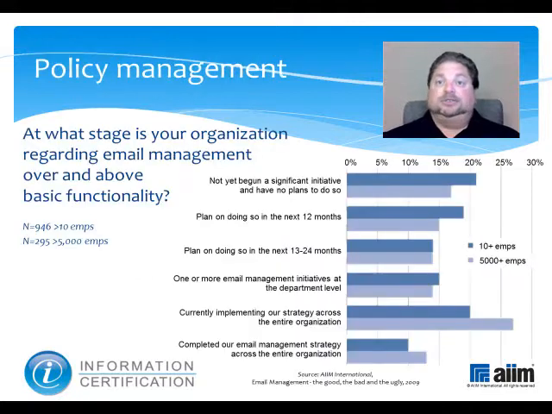The best answer is to ensure your organization has strong policies in place to govern such things. And yet we know full well that not every organization does. According to a 2009 AIM study on the subject, only 10% of organizations have completed an enterprise-wide email management initiative. Only 20% currently are rolling out a project, and even in larger organizations, 17% have no plans to do so.